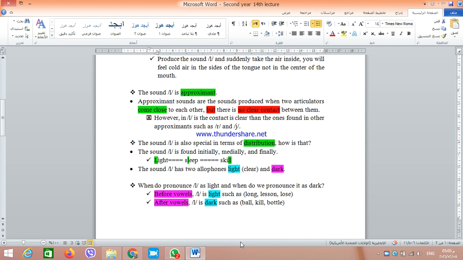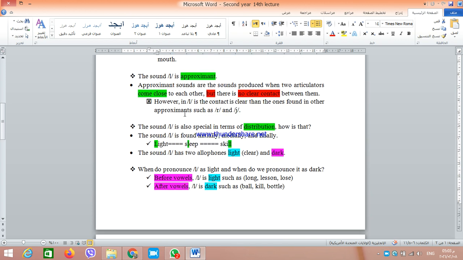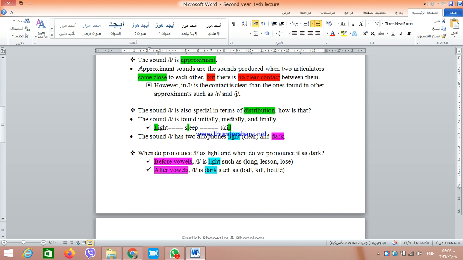Okay, now the la sound is called an approximant sound. Actually, this is another name for the sound la, but we have the same explanation for it. Now, approximant sounds are the sounds produced when two articulators come close to each other, but there is no clear contact between them.